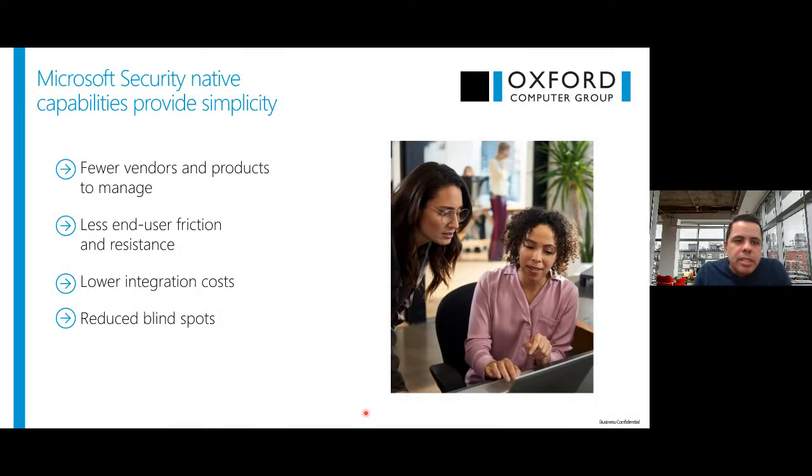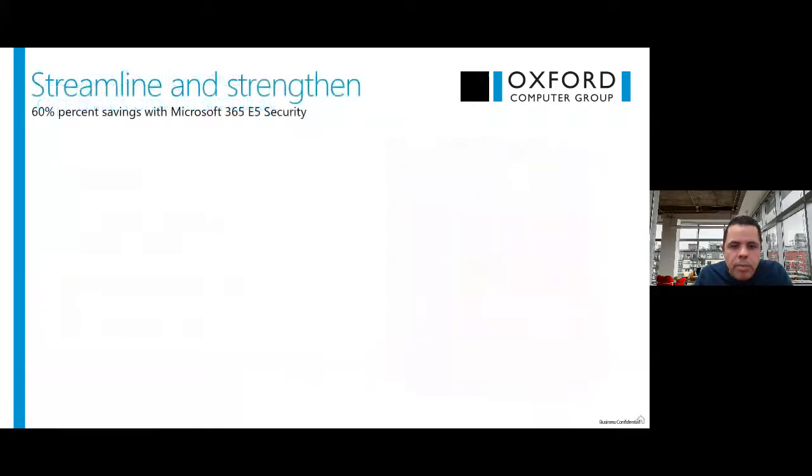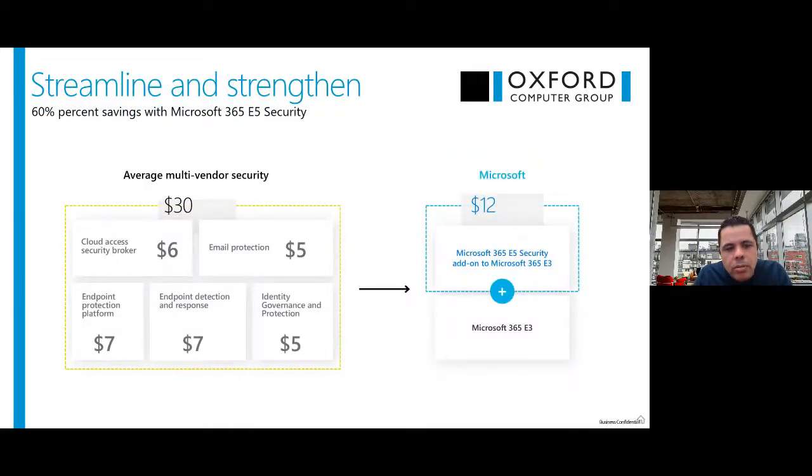The Microsoft Security Stack's native capabilities provide simplicity. Again, we talked about some of the benefits: fewer vendors and products to manage, less end-user friction, lower integration costs, and reduced blind spots. And here's an example of some of the financial benefits, from a Total Economic Impact study that was conducted by Forrester.